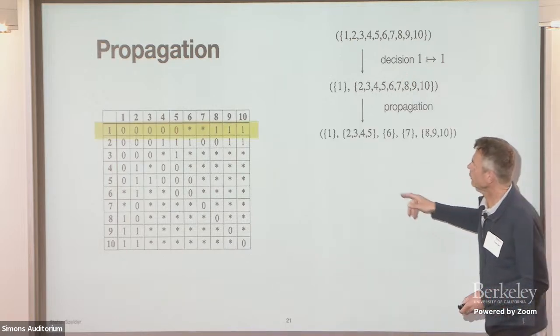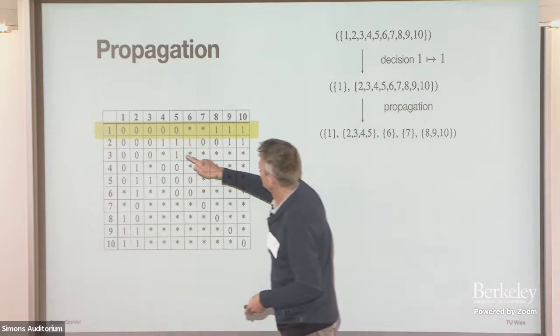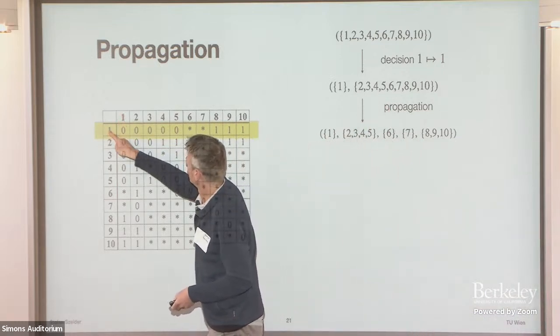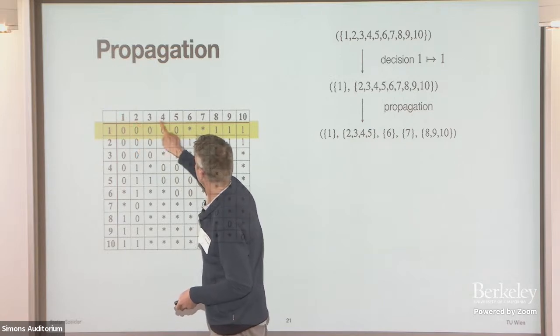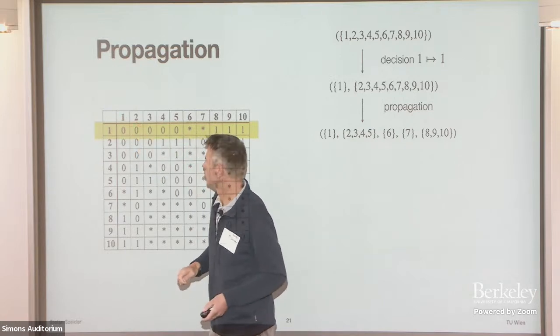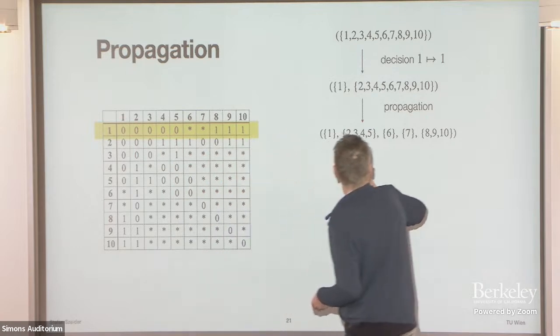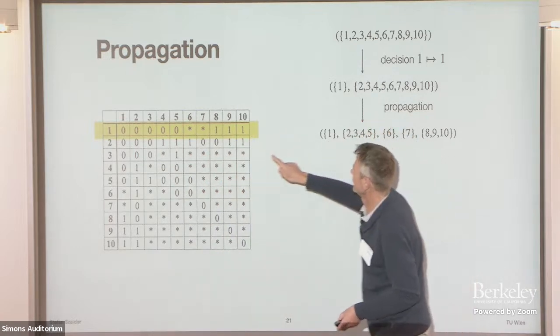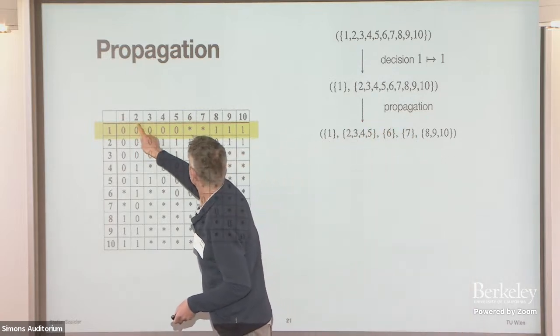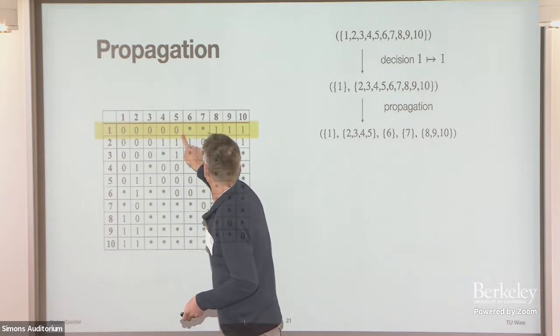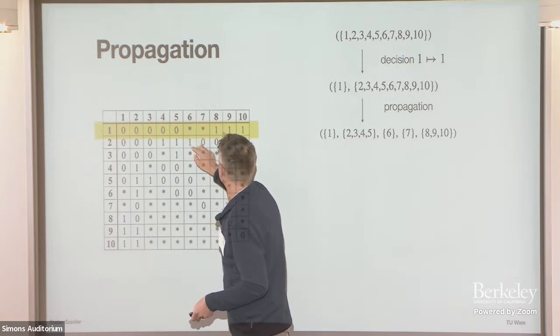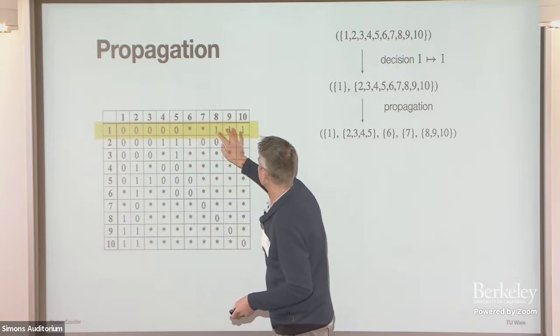Namely, we now know number 1 is fixed. Now we look at the other vertices, whether they are adjacent to 1 or not. We see that the vertices 2 to 5 are non-adjacent to 1. Then 6 and 7 we don't know, and 8 to 10 are adjacent.